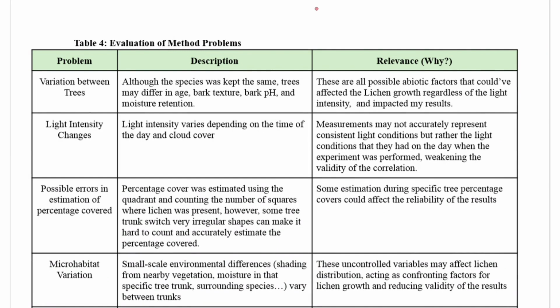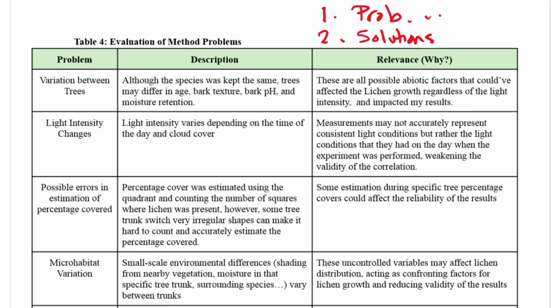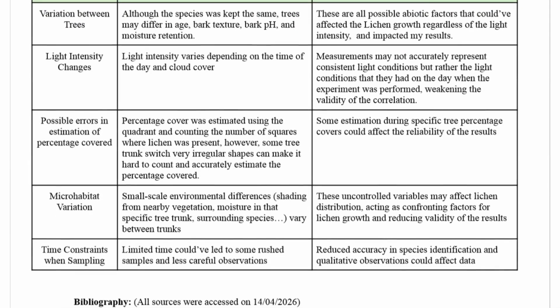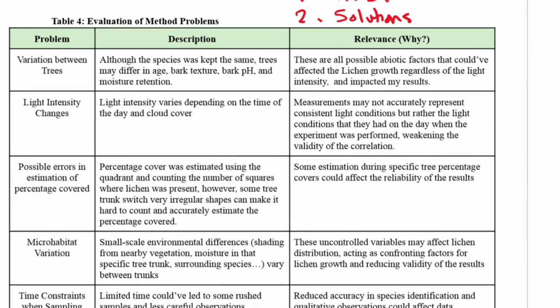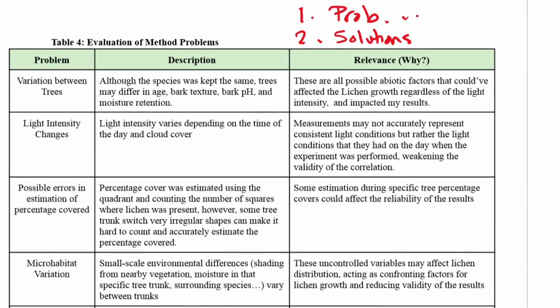If you remember this, the evaluation is marked in 2 strands. Strand 1, the problems, the limitations, the issues. Strand 2, the specific solutions. When I look at this, I see a lot of problems. Good. But I don't see any solutions, which means you're limited to half the marks possible, 3 out of 6, before we get there.